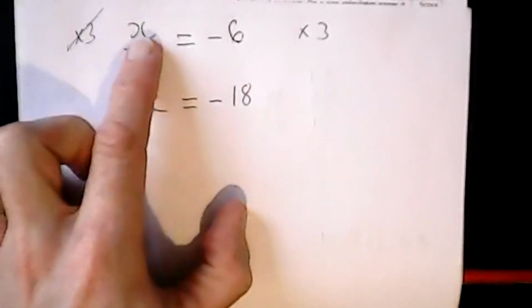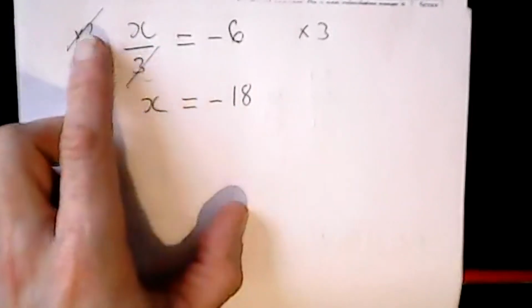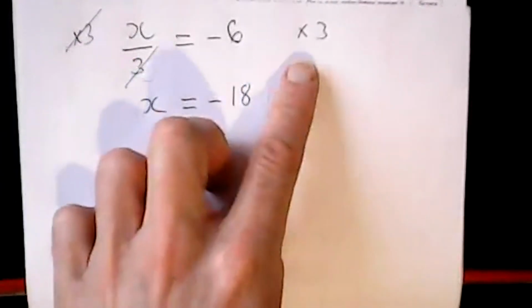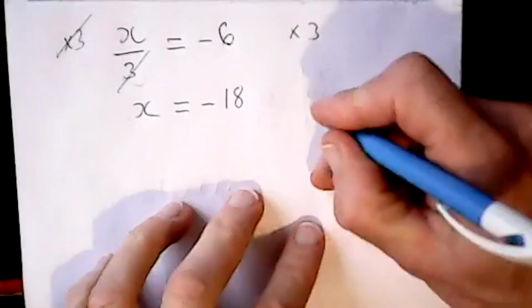All we've done to get x on its own is the reverse function here. We've got to divide by 3, so a times by 3. And what we do to one side, we've got to do to the other. 6 3s are 18, that's it. Okay, so sticking to that rule, what you do to one side, you do to the other, you can solve any equation whatsoever.